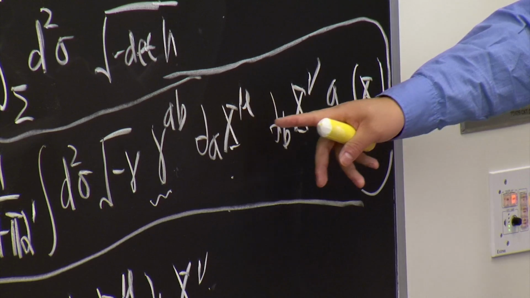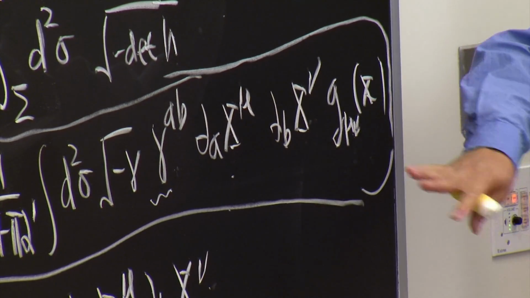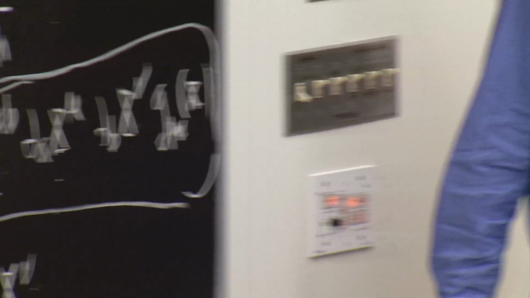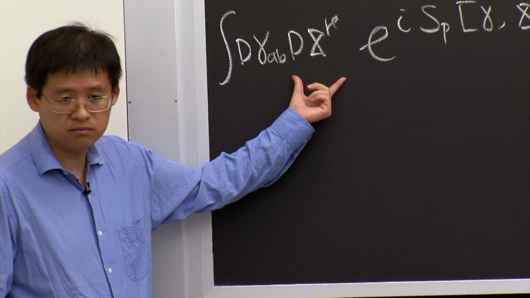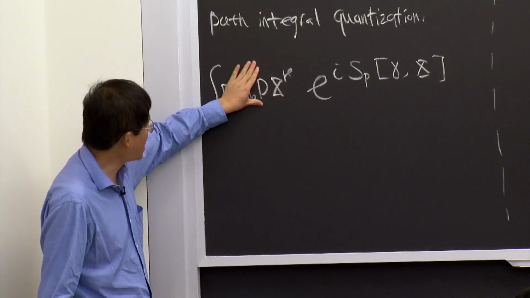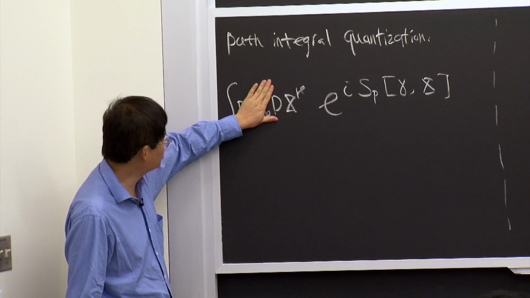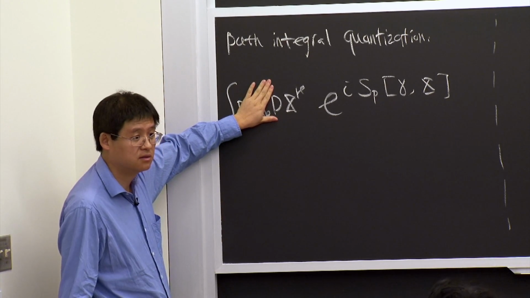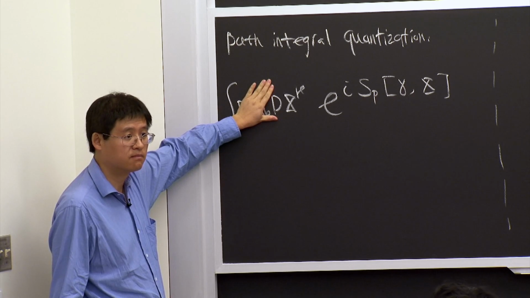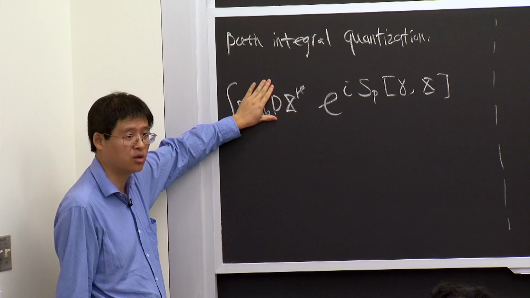But from the point of view of this two-dimensional worldsheet, x just behaves like a scalar field. So when we do the path integral over dx, this is just like a standard two-dimensional quantum field theory.